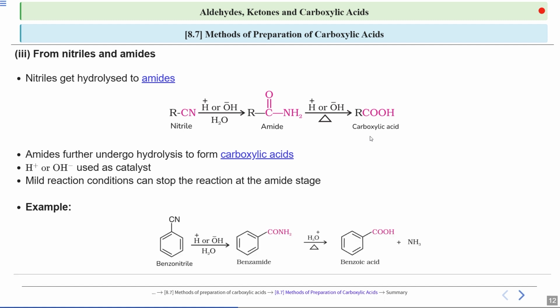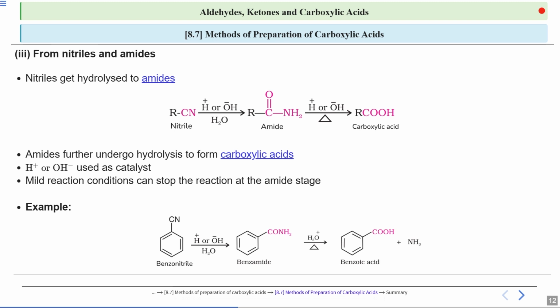If you look at this particular example, you have benzonitrile, that is a CN group, the nitrile group, attached to a benzene ring. When you hydrolyze it with H plus or OH minus ions, you get benzamide, which has an amide group. On further hydrolysis of this amide, you get a carboxylic acid, which is benzoic acid, and ammonia is liberated as a side product.